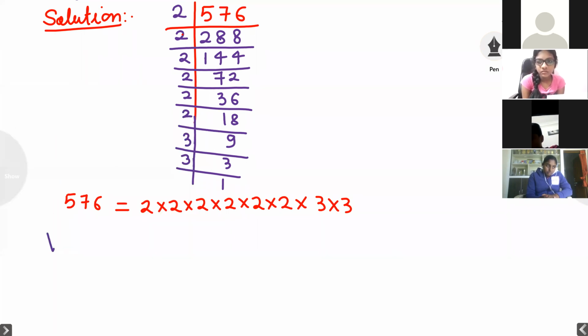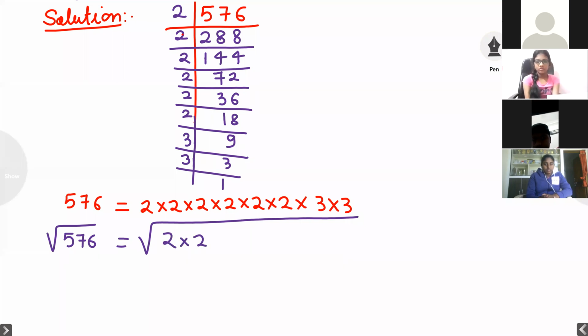Square root of 576 is equal to square root of 2 into 2, 6 times, into 3 into 3. Firstly, I have completed the prime factors. After that, I have taken the square root of both sides. Square root of 576 is equal to the square root of this complete prime factorization.